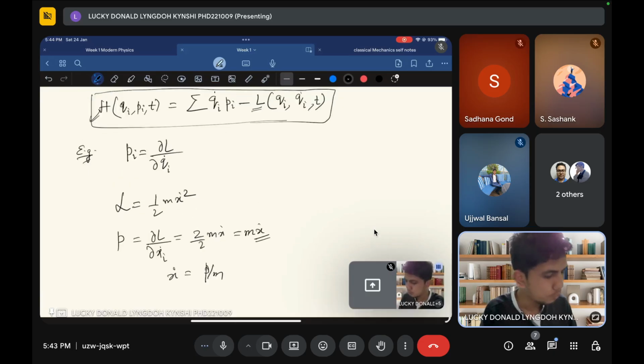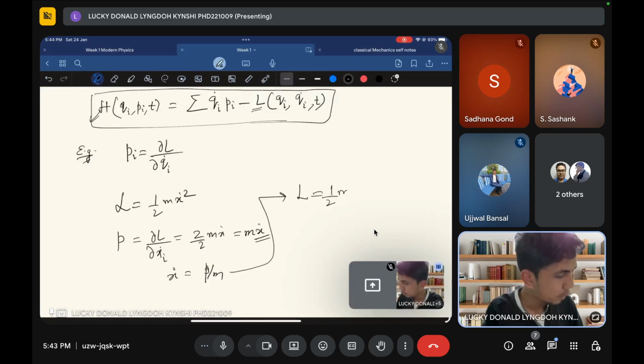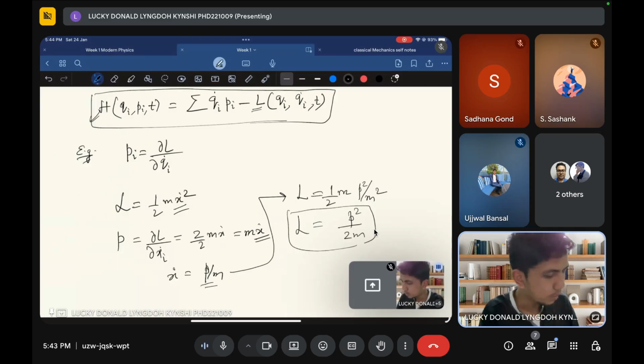So now if you look at the Lagrangian, L is equal to half of m, and instead of x dot square you can write p square by m square, so you get p square by 2m. Now your Lagrangian, which was initially in terms of x dot, you have expressed in terms of your momentum. This is one way to go.